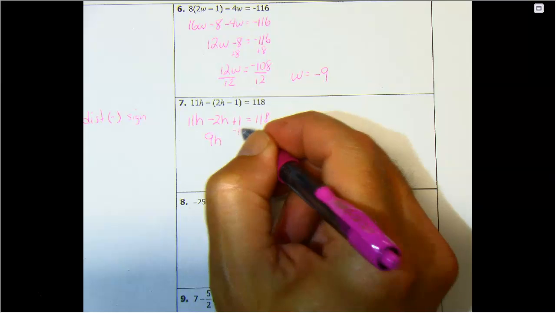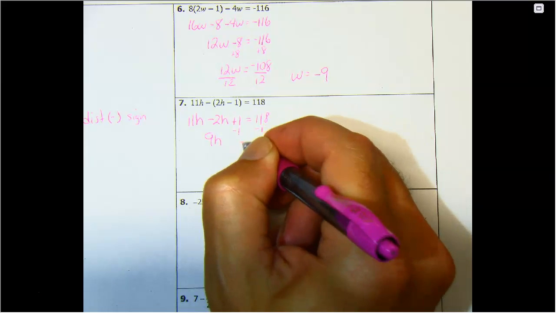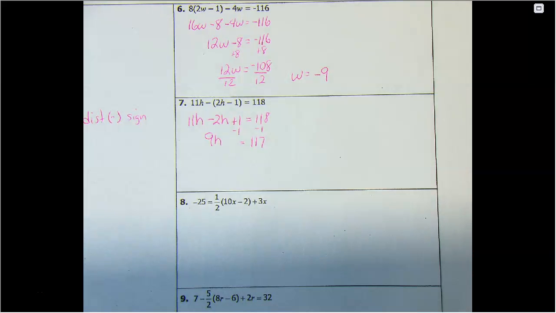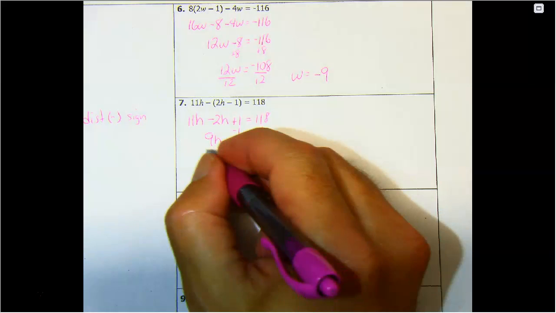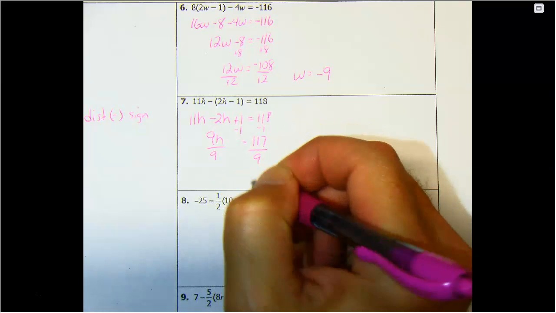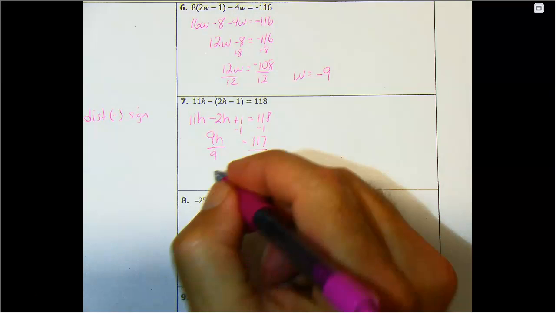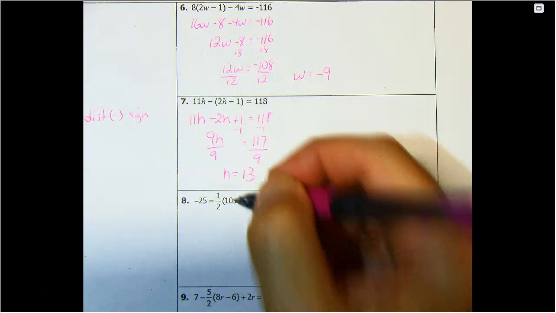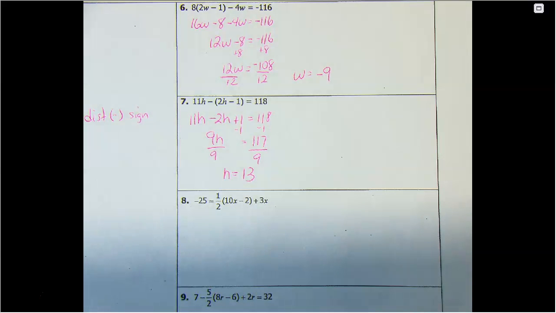At the same time, I know I need to subtract over a 1. So 9h is going to equal 117. Okay. I need to divide that 9 out of there. So h is going to equal 13. All righty. There it is.